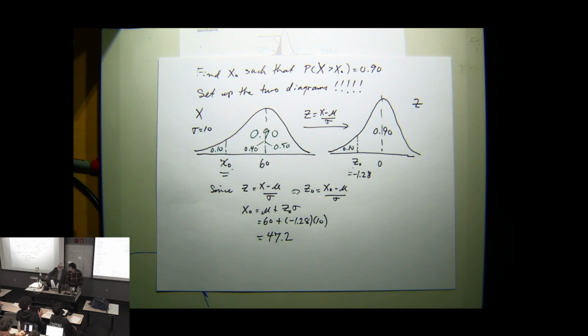Do we want 10 or do we want 90? I want 10. But the question said 90. Well, that was in the upper tail, but it asked for the lower tail. The less than here is always the lower tail. Okay, got it. Calculate. 47.18. What did you get, Gary? 47.2. That's pretty close. We got a little bit of issues with the Z table.